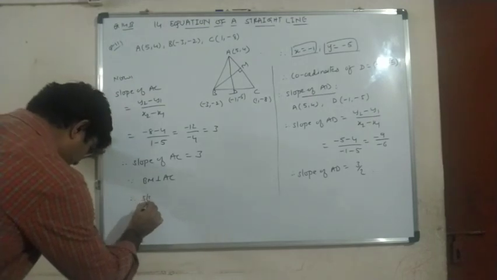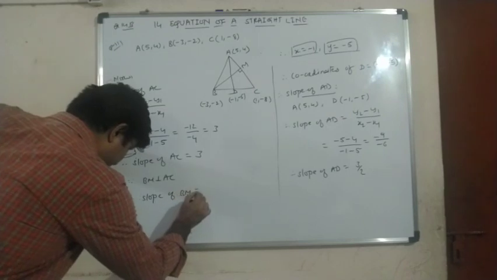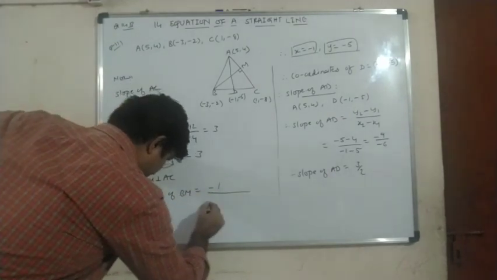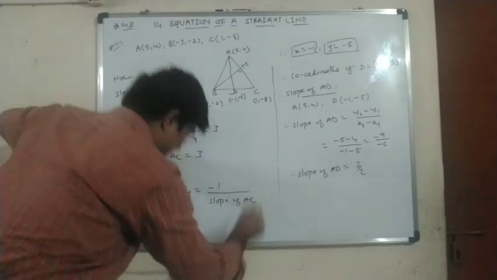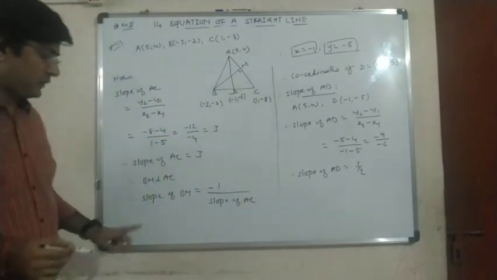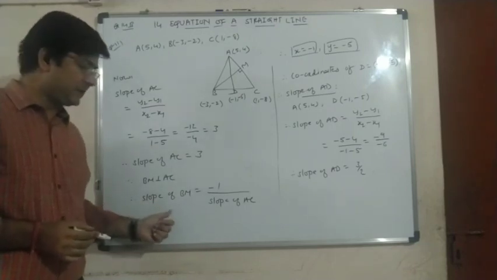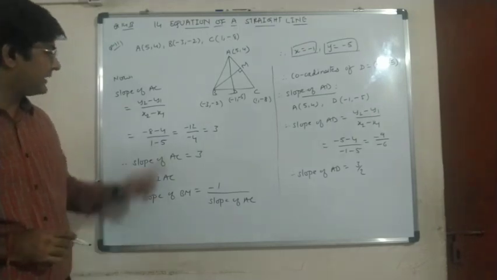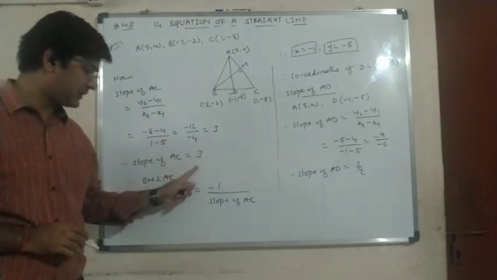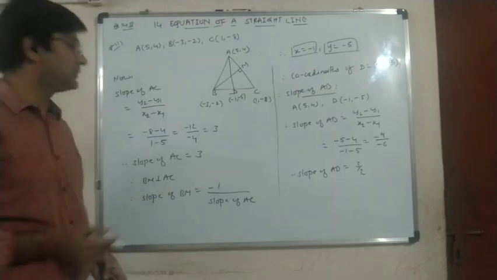Therefore we will write down the relation that slope of BM will be equal to -1 upon slope of AC. As I told, if two lines are perpendicular, then the slope of one line is the negative reciprocal of the slope of the other line. Clear? We have the slope of AC which is 3. So what will be the slope of BM? -1 upon 3.